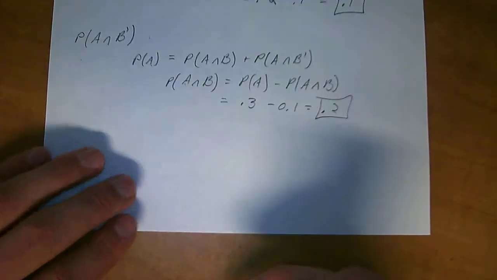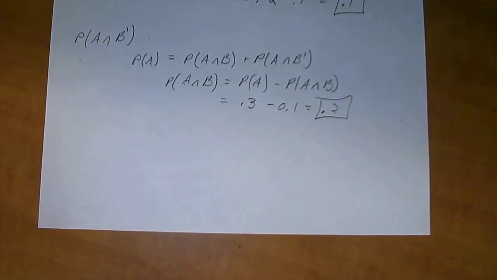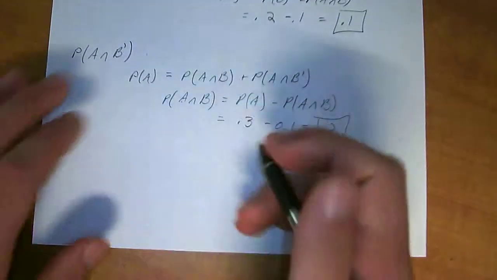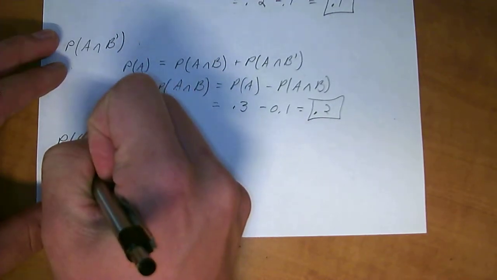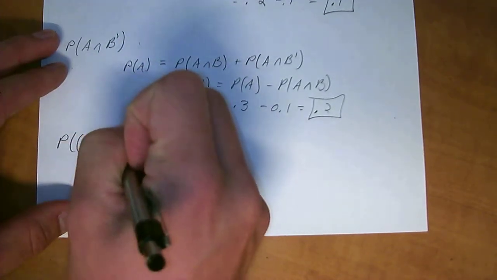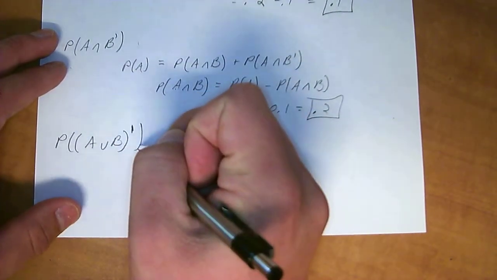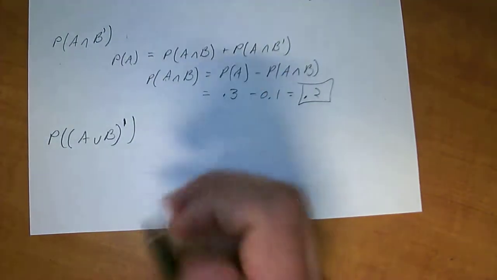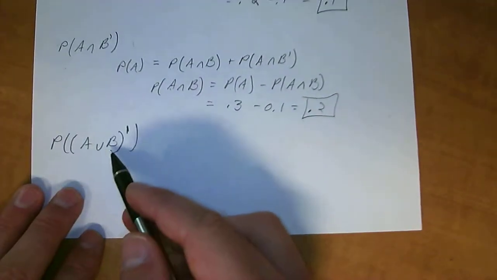Okay, so now moving on to part B. Make sure I get the right one here. The probability of A union with B not. This one's actually pretty easy because we know the A union B is whatever it was.